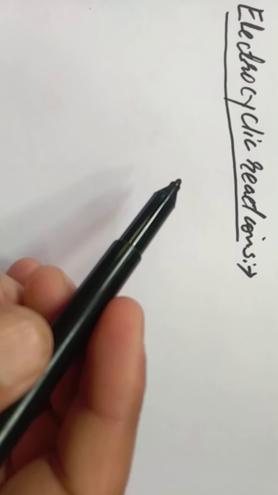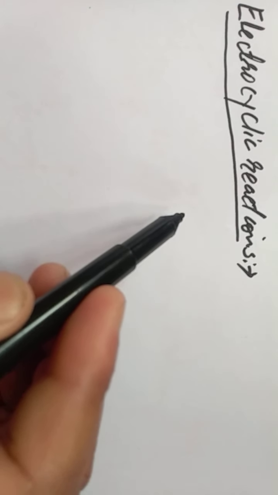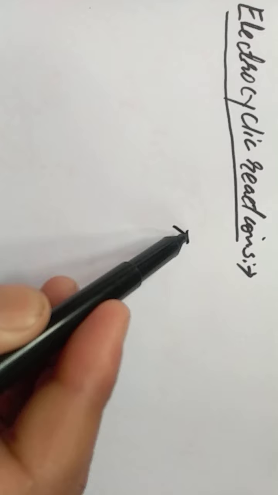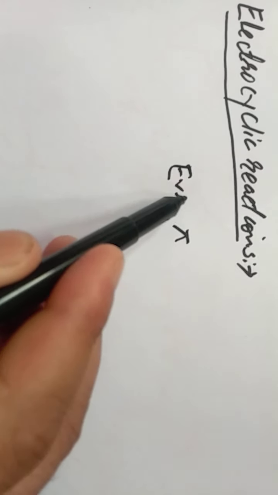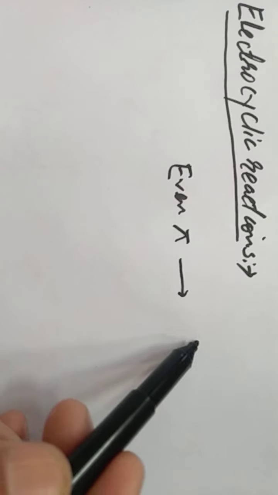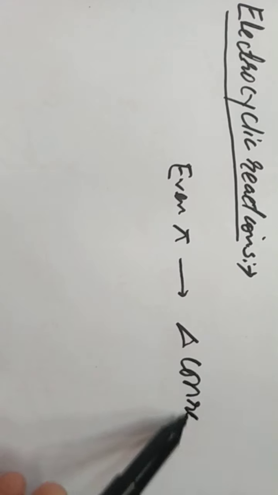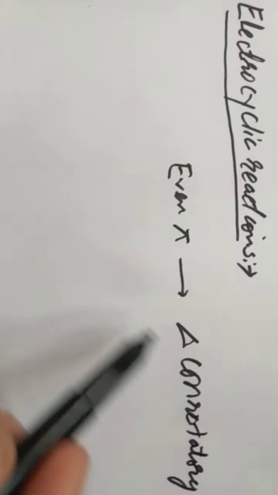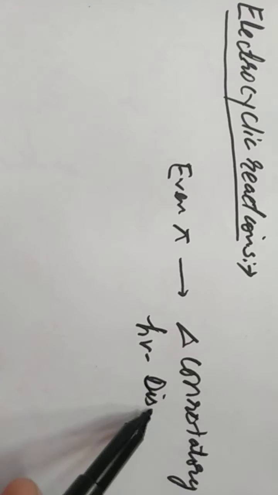As I told you already, when there are an even number of conjugated pi bonds, then the reaction is thermal conrotatory and photochemical disrotatory.